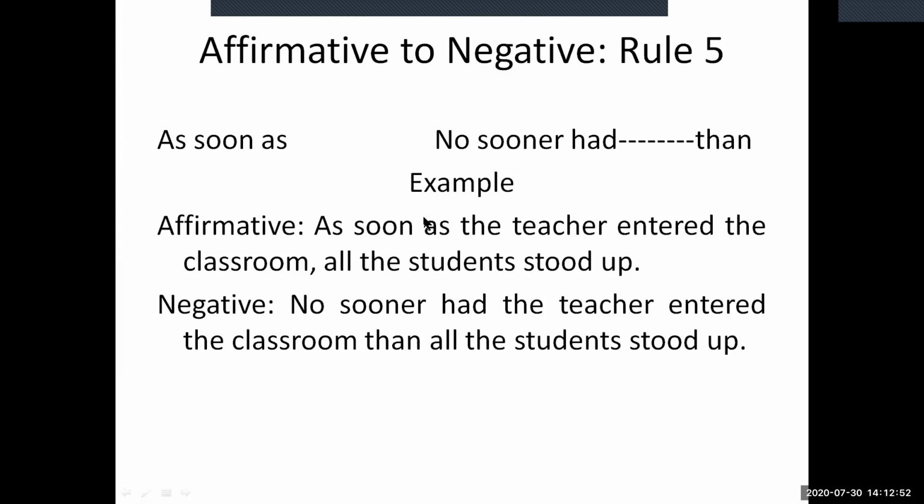This is a universal fact that if the sun rises in the morning, darkness of the night disappears. As this sentence is in the present tense, we should not use "had" to make the sentence negative with "no sooner."